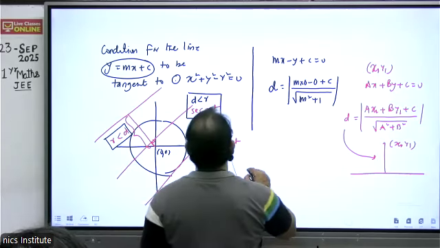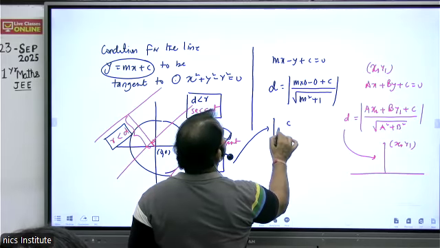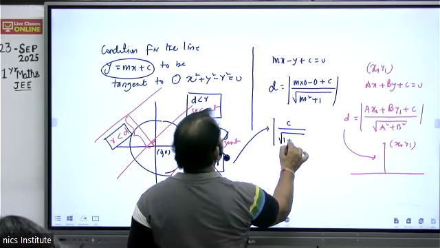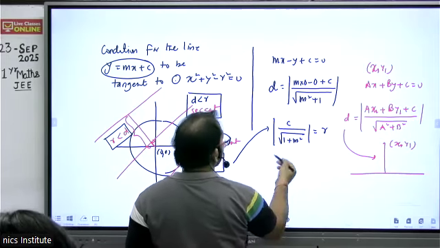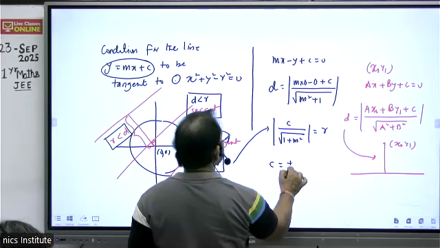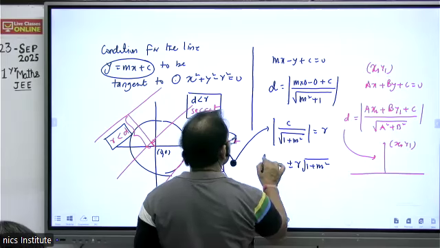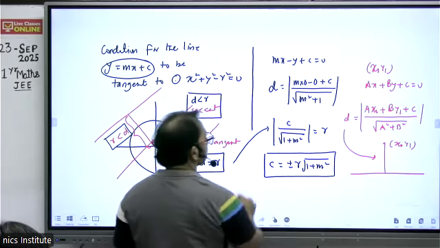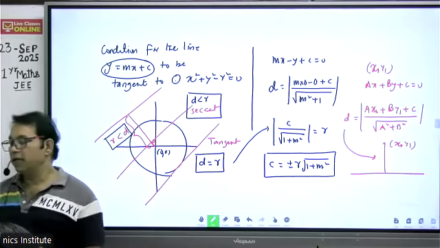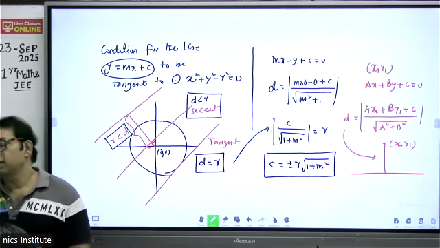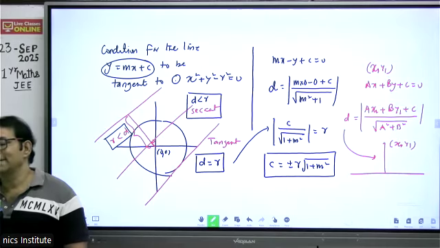And the condition for tangency is d is equal to r. So c divided by root of 1 plus m square equals r. Remove the modulus sign, there will be plus minus. So this is the condition for tangency. c of the line should be equal to plus minus r under root 1 plus m square.